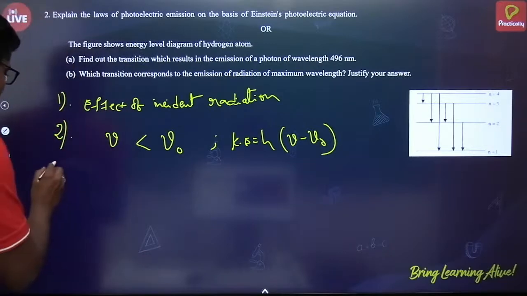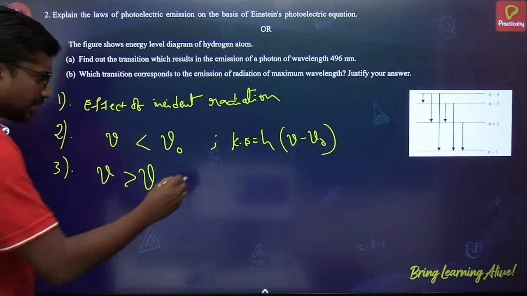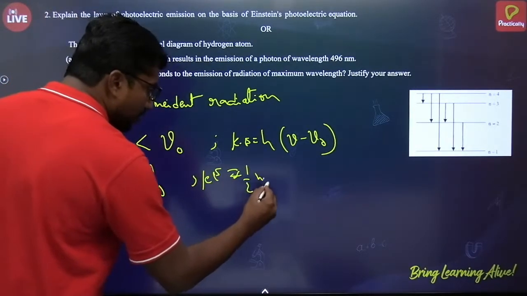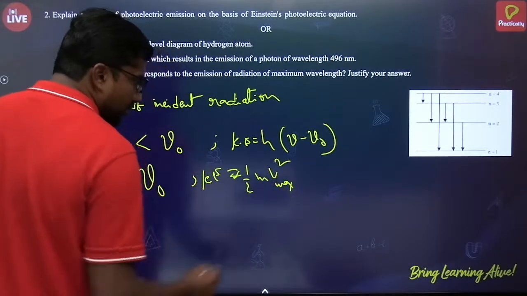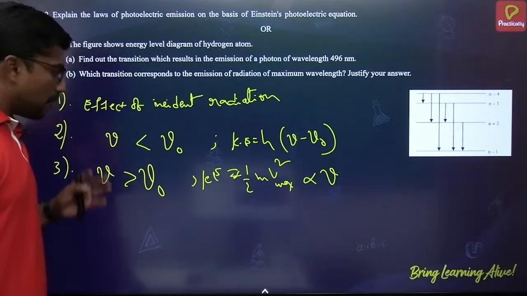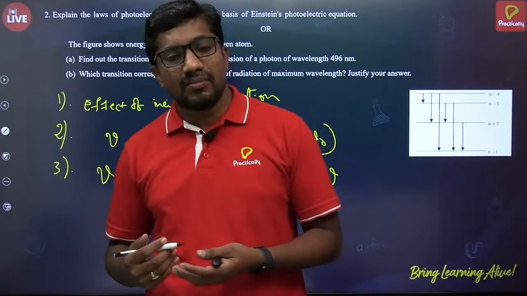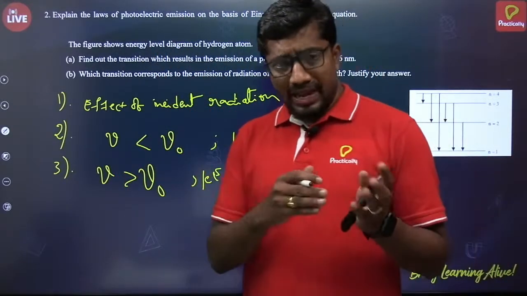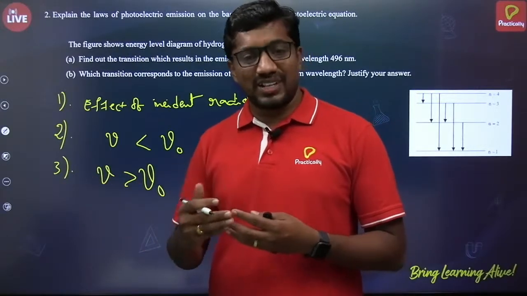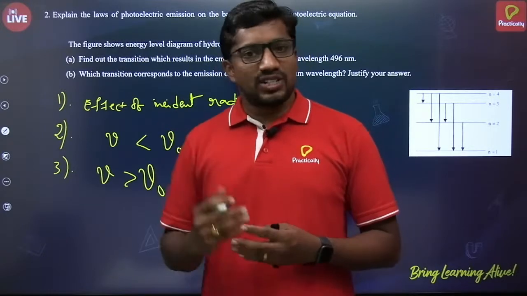Okay. Next, what if nu is greater than nu naught? Same thing. Actually, I said KE equals half m v max square, the maximum one, which is proportional to the frequency here. Suppose more and more incident light, that is, the number of photons incident per unit time, increases. Then the kinetic energy also increases.